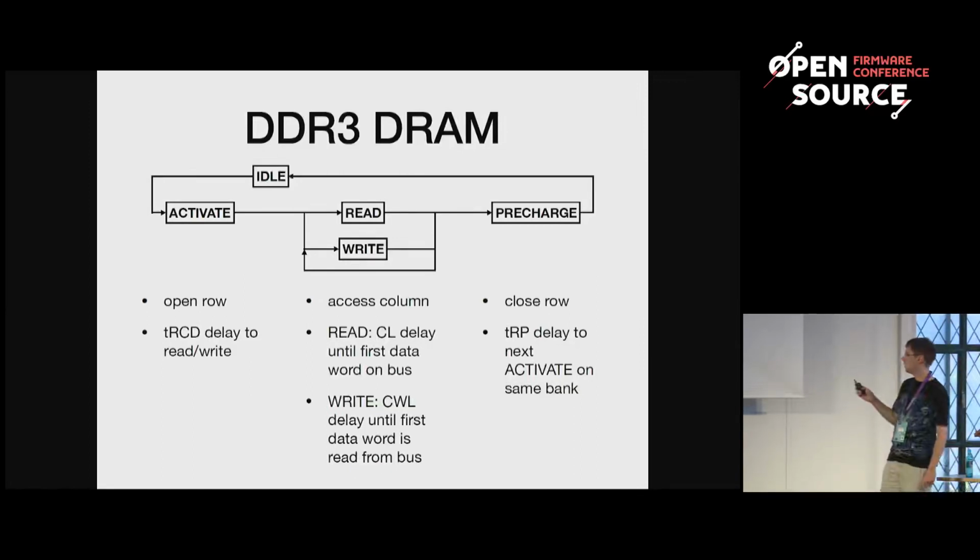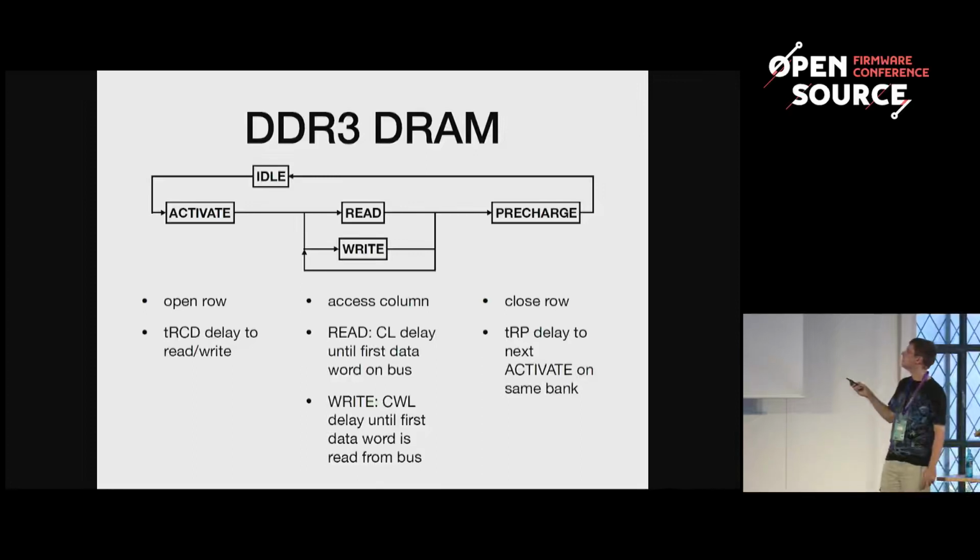And yeah, with the read and write commands, you can specify that you want to do another read or write command in the same row, and then it keeps the row open. Or you can say that it should automatically close the row, or you can also explicitly say that you want to close the row. That's the pre-charge.